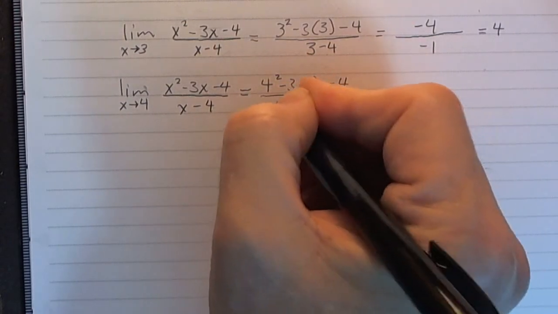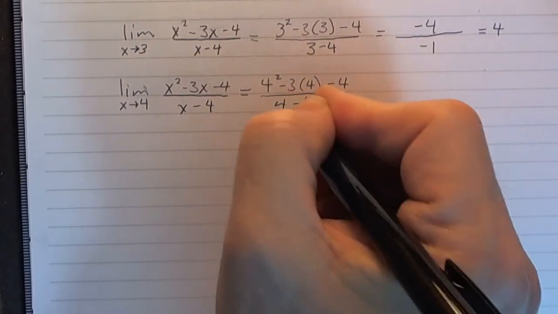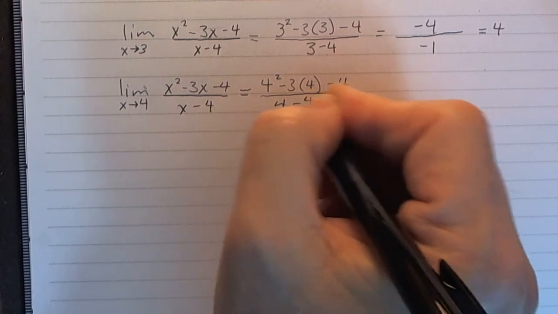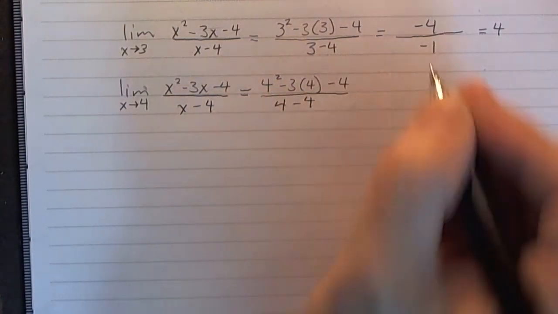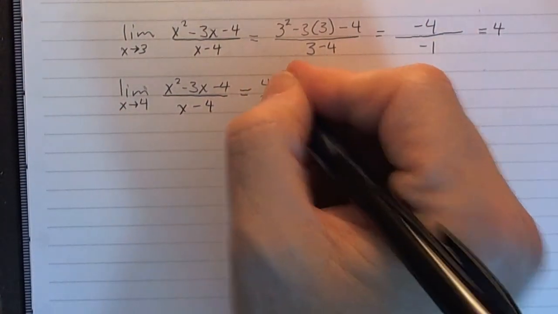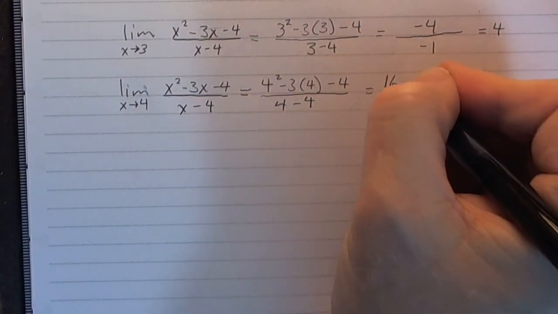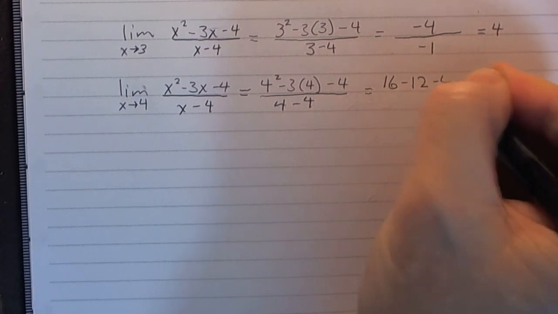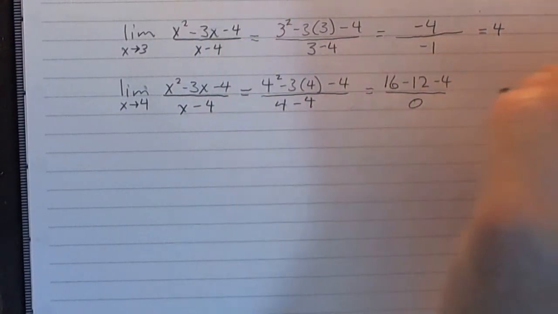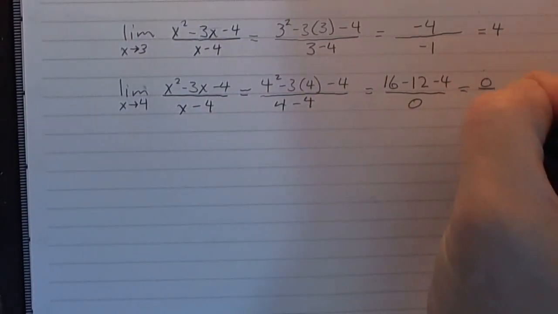And on the bottom, 4 minus 4. This kills it right here. Let's see what happens up top, though. We've got 16 right here, minus 12, minus 4, and that is 0 over 0.